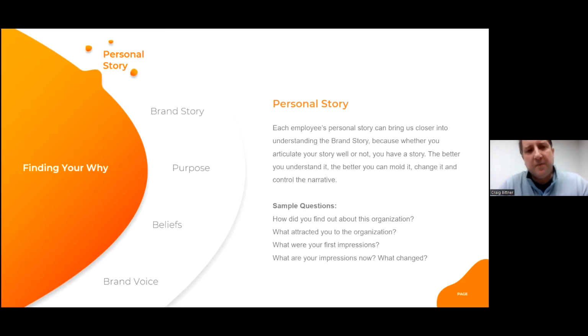One of the best processes that you can start to do with this personal story is to identify who those stakeholders are that you want to get in touch with. This was a slide I think that may come a little bit later, but essentially, the first step before you get into personal story is identifying the key stakeholders that you want to talk to.